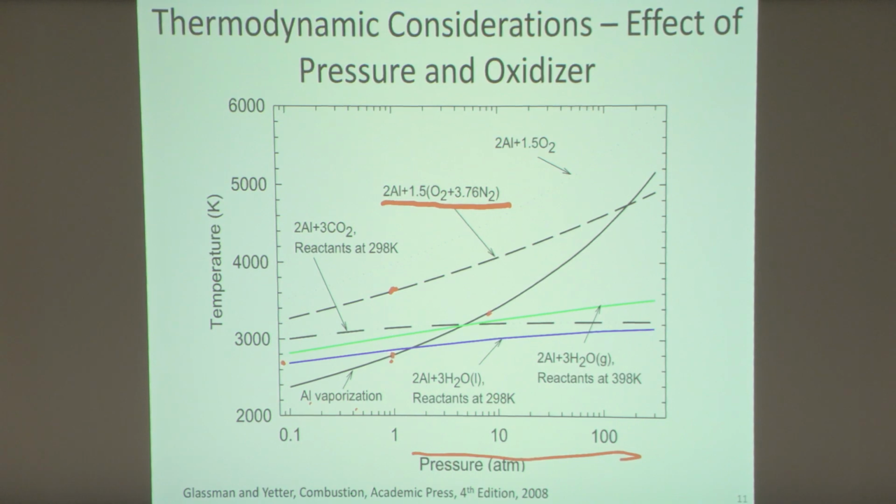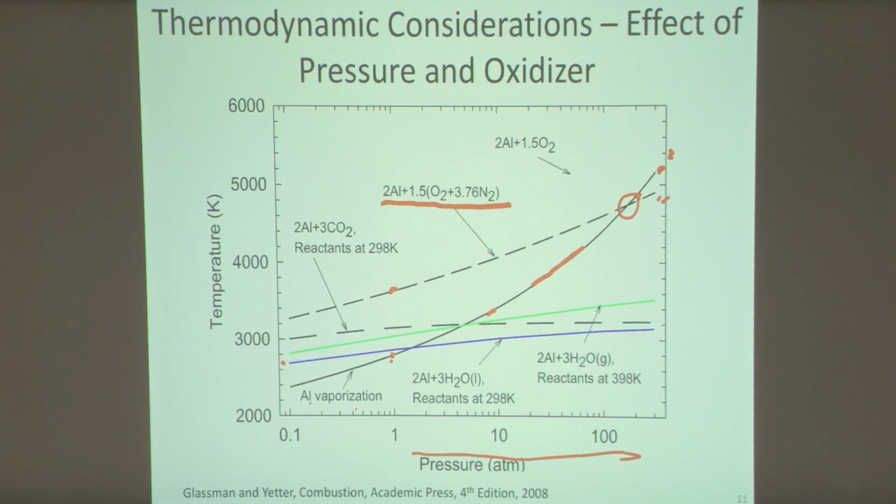Eventually I'm going to see that the boiling point temperature of the aluminum, or its vaporization temperature, rises quicker than the flame temperature itself, and eventually they'll cross. So now when I'm out here, the flame temperature is less than the vaporization temperature, so there's no way, from that heat release, to vaporize the original metal.